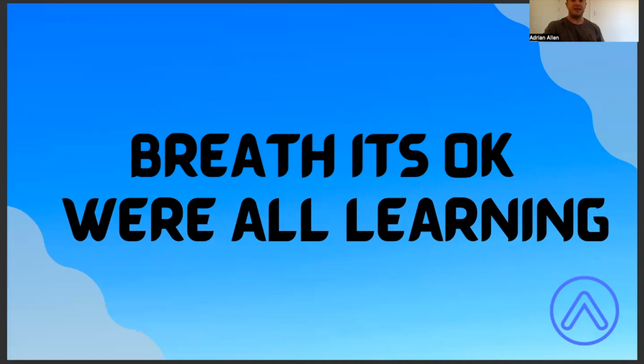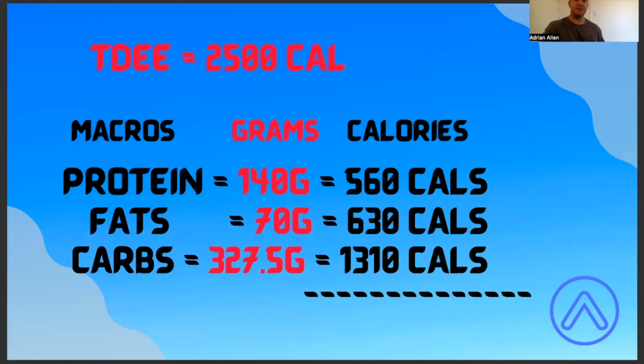Okay, nearly there. So here we go. Remember, we have our TDE of 2,500 calories. Your macros are here, your protein, carbs, and fats. Then you've got your 140 grams of protein, which equals 560 calories. You've got your 70 grams of fats, which equals 630. And you've got your 327 grams of carbs, which gives you 1,310 calories.